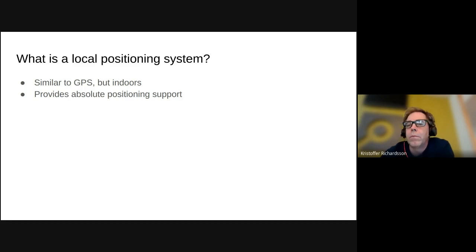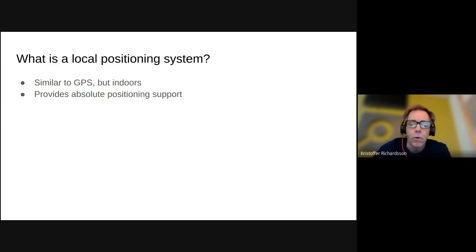And we have some other options like the optical flow deck that is a relative positioning system. Then the Crazy Fly really doesn't know where it is, but it knows how it has moved since it started. So that's some sort of relative knowledge of the position.